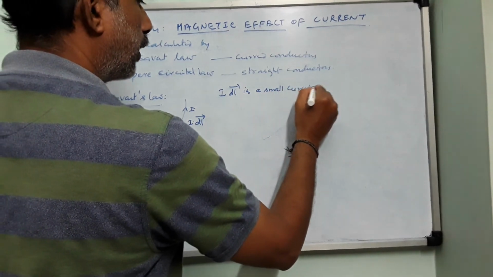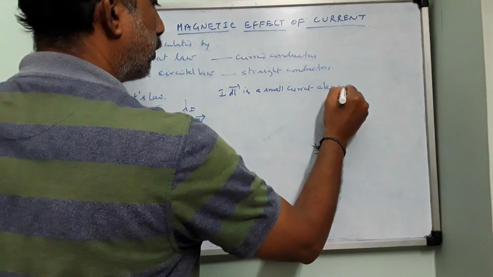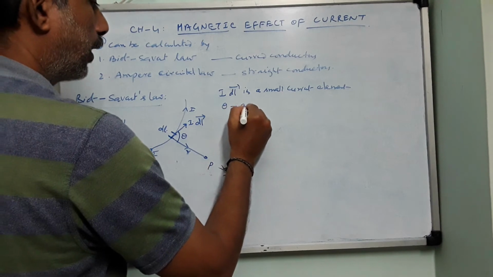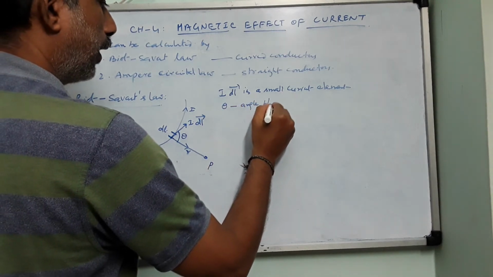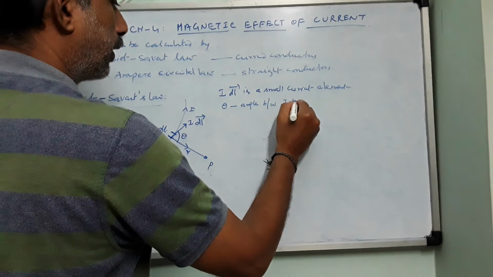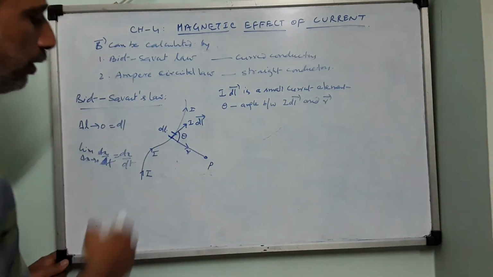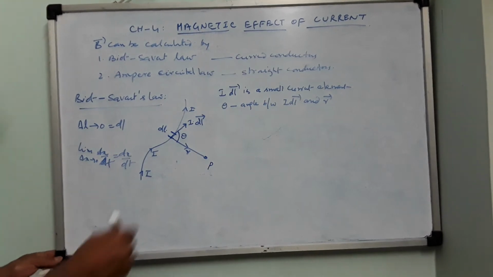Theta is the angle between the Idl vector and the r vector, the distance vector. Then this will create a magnetic field.